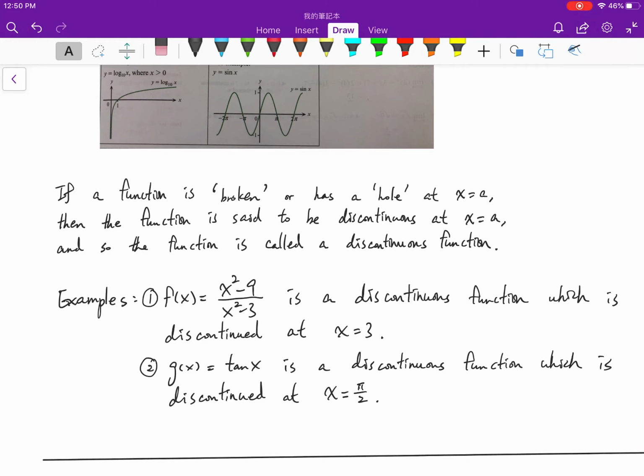And I also give you the second example, tangent x. As you know, tangent of pi over 2 is undefined. So the graph of the tangent is like this. This is pi over 2. So you see, this is discontinuous at pi over 2.